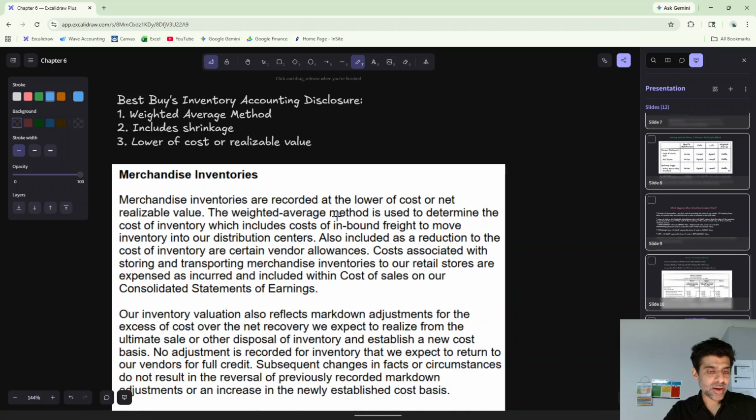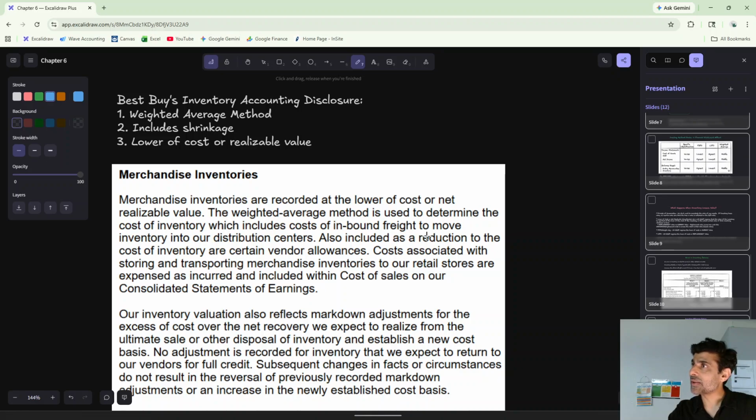They're not doing it at replacement value. They're doing it kind of like, is the market value higher than what their inventory is? Because they're using the weighted average method to cost their inventory. So we now know what that is, right? It includes inbound freight, right?